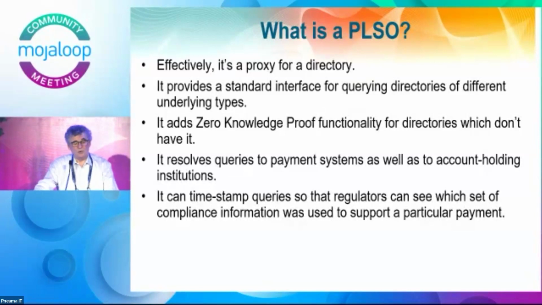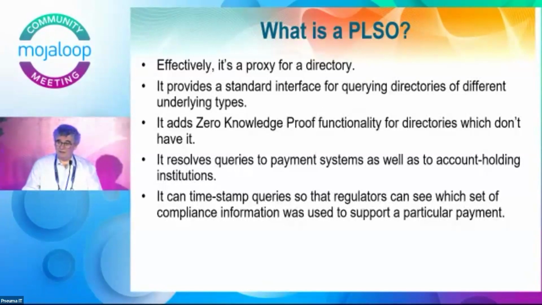So we need to make sure that we have some way for a regulator to say, when you approved that payment, what was the compliance information that caused you to approve it? And again, not all directory systems currently have that ability, but they need to have it, and they need to have it in the same way so that we can support proper regulation of payments.